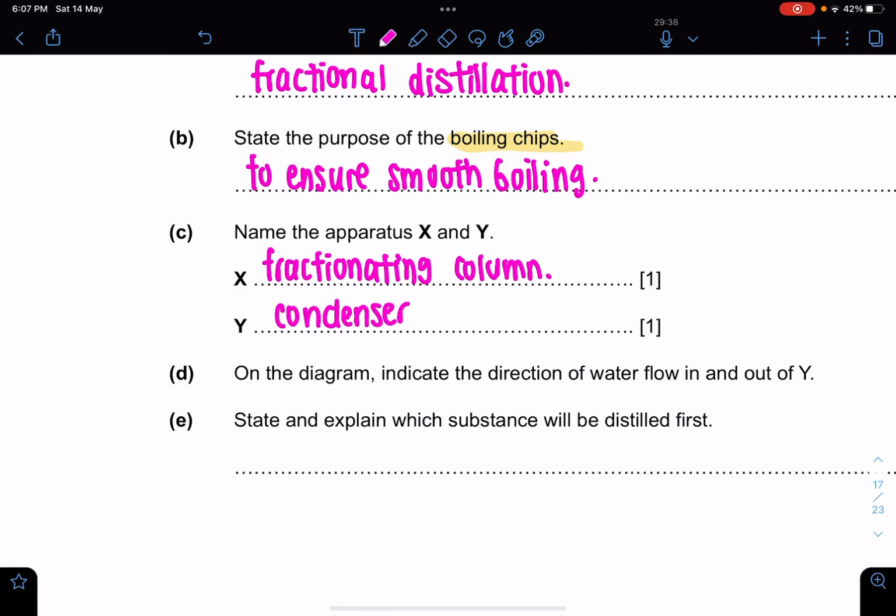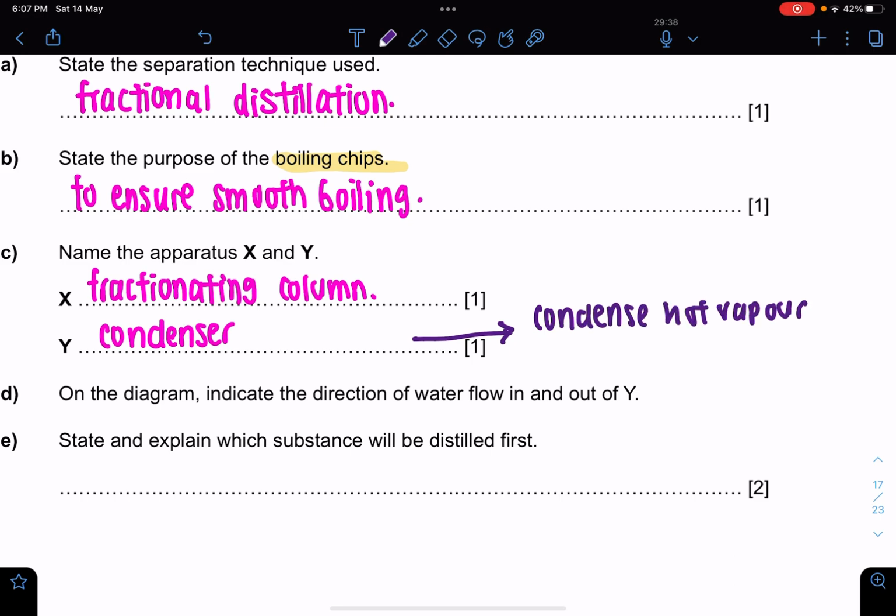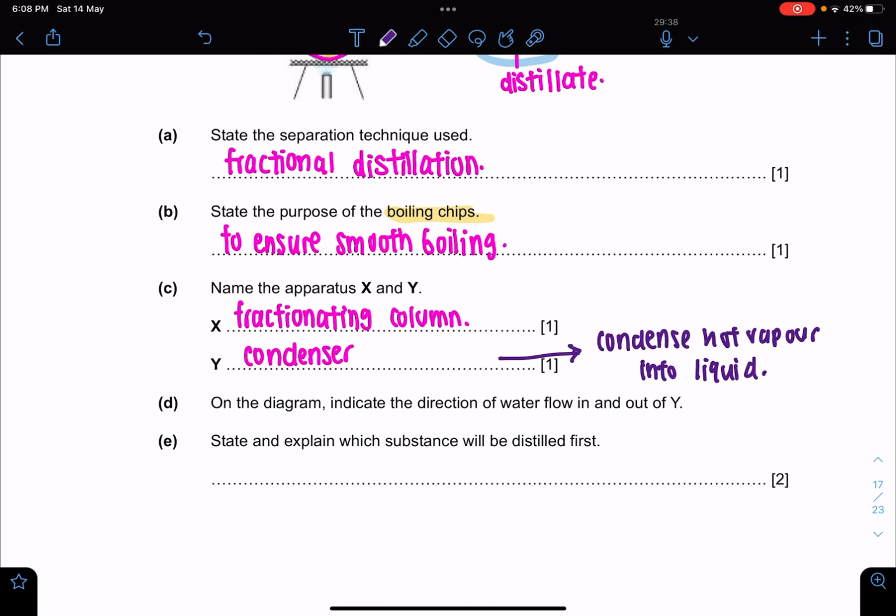Okay, but what is important is if you can take note of the function of the condenser. It is to condense or to cool down the hot vapor back into liquid state. Many students would say to condense the water vapor, but in this case we're not dealing with water vapor. So please take note not to say water vapor, because here there's no water involved.